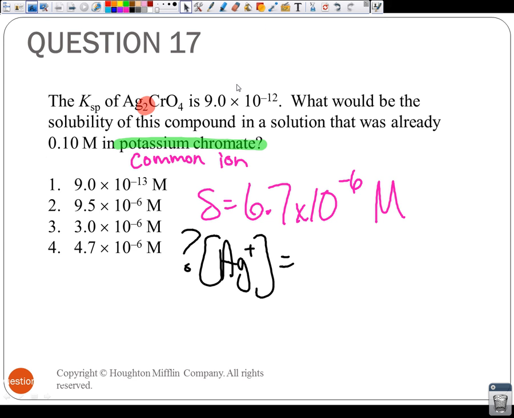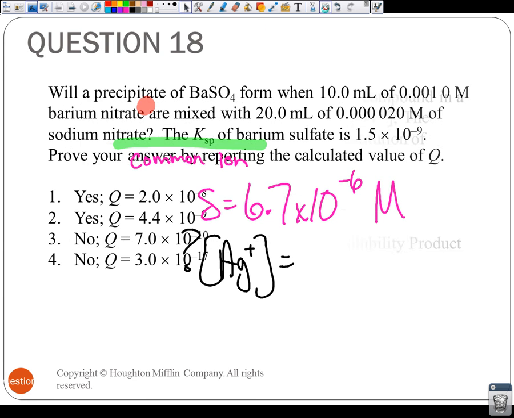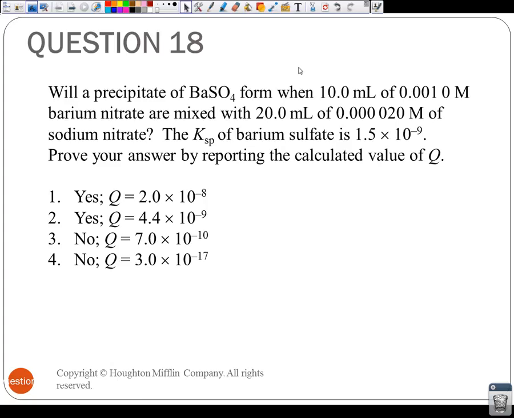So let's see. This is something that we skipped in class, and I'm going to skip it. I'm not going to test you on this, but I just want to show you this just because. Will a precipitate of barium sulfate form when 10 milliliters of 0.001 molar barium nitrate are mixed with 20 milliliters of a 0.0002 molar of sodium nitrate? The Ksp of barium sulfate is that value.